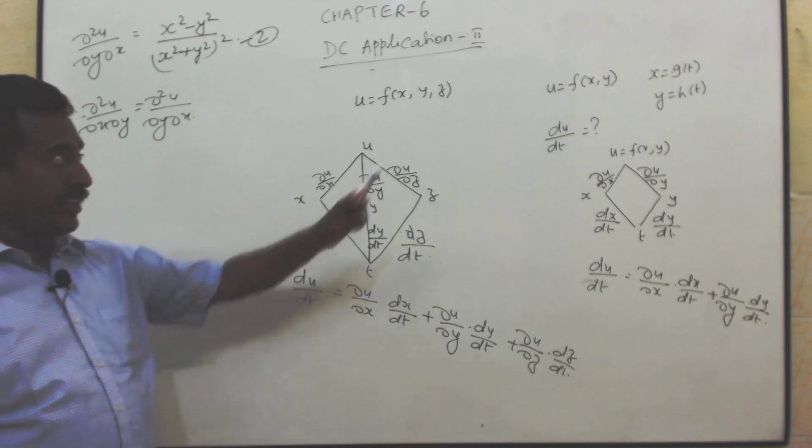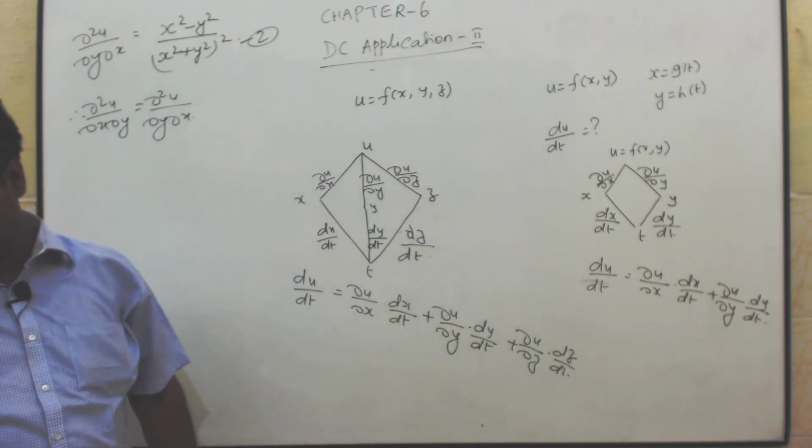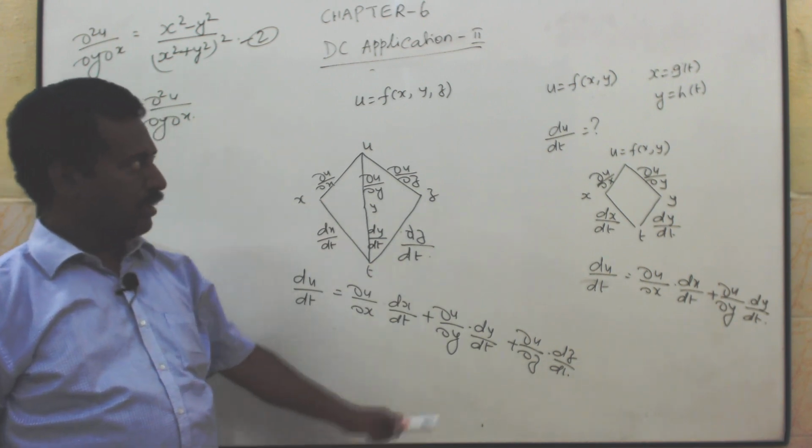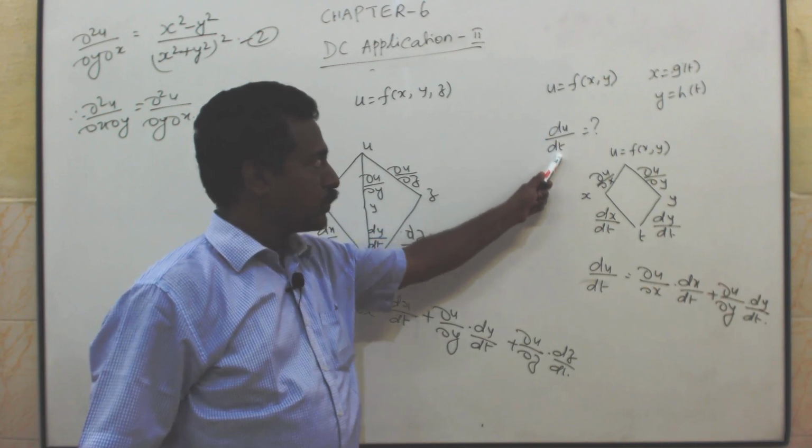If two variables are given, du by dt equals dou u by dou x into dx by dt. This is differentiation of u with respect to t.